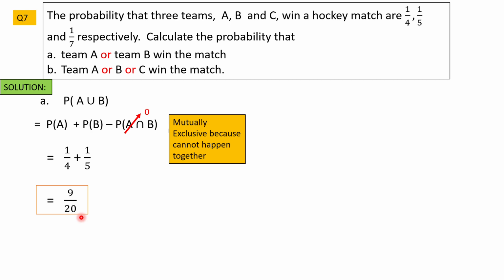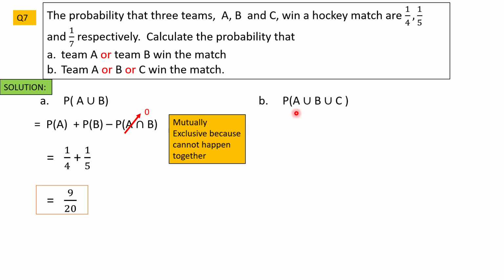So again, remember, when you are given the word or, it is the same as using the symbol union. And when you have the word or, you need to check whether the events are mutually exclusive or non-mutually exclusive. If it is mutually exclusive, the intersection will be 0.